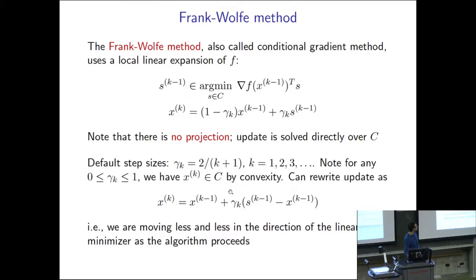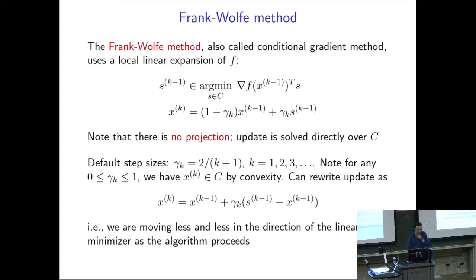Okay, we can also rewrite the update in this form, which was a bit of the source of my confusion when I told you that there was a typo here. So if we write the update in this form, then S minus x represents the direction we're traveling in. This update is equivalent to saying, if we're going to start at x, we're going to move a little bit in the direction of S minus x, gamma_k times (S minus x).